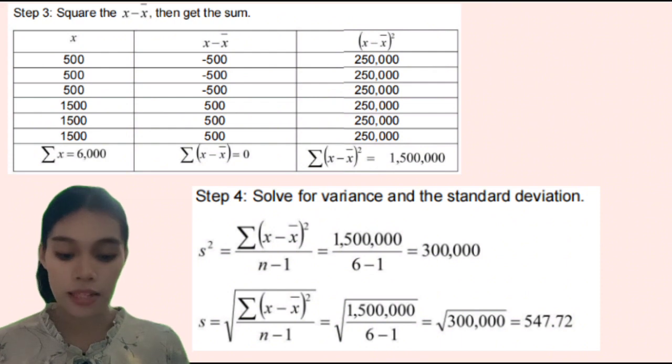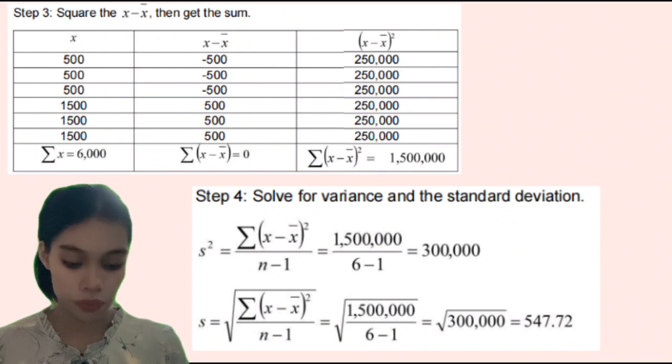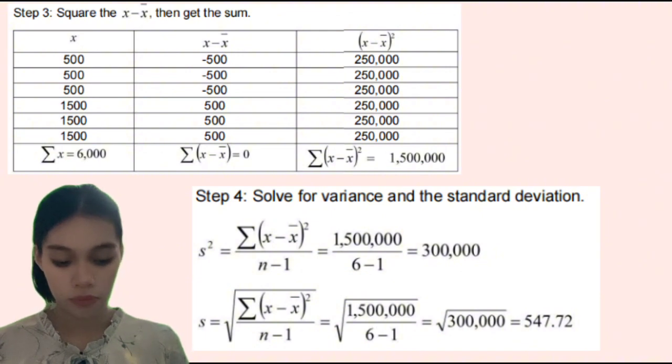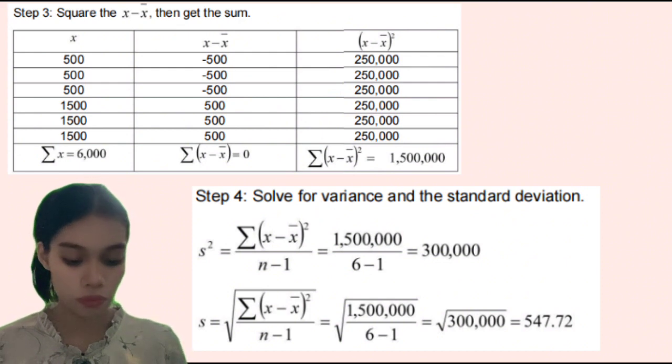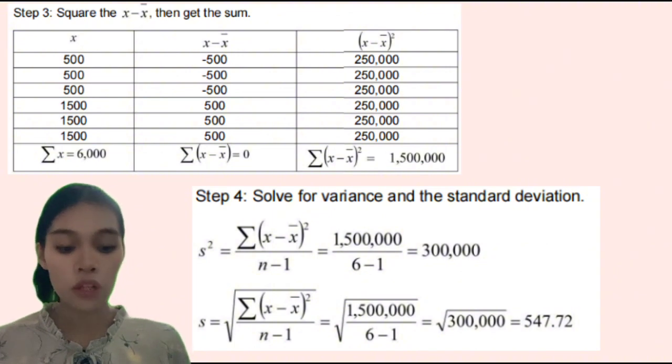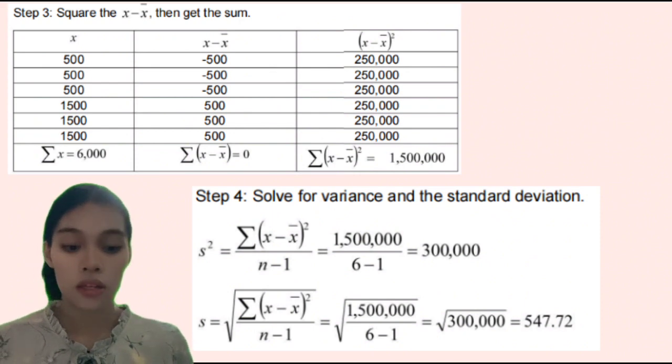The difference between the variance and the standard deviation is that for the standard deviation, we need to get the square root of 300,000. So we have 547.72.